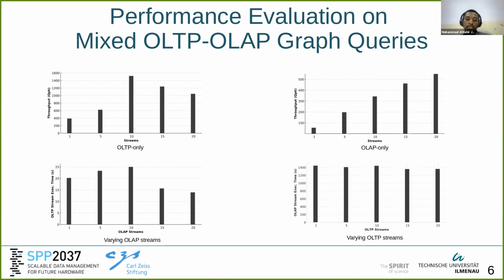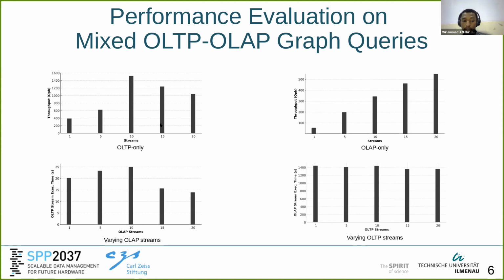So this is a preliminary evaluation that we did, starting with an OLTP only execution, where we keep on varying the number of OLTP streams. And as expected, at the beginning, increasing the number of OLTP streams increases the overall throughput, until a saturation point is reached, where increasing concurrent OLTP streams decreases the overall throughput.